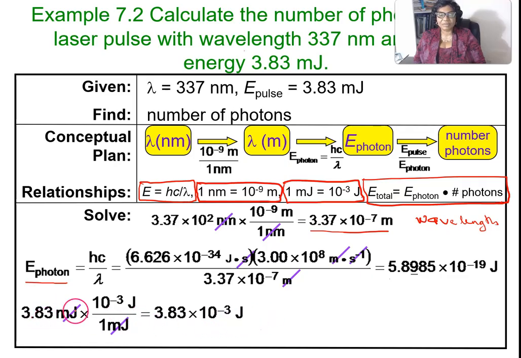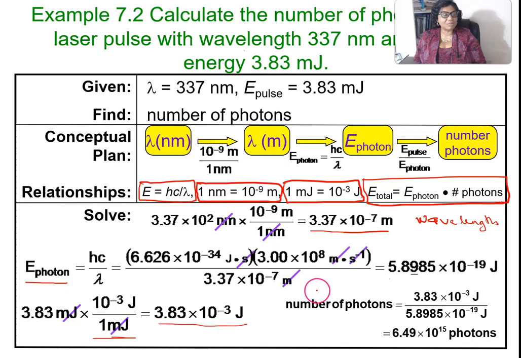So number of photons is, we are converting our energy first to joules. We have to convert the total energy to joules, because the energy we have for the photon is in joules. So we use this conversion factor, and we know that we have 3.83 times 10 to the minus 3 joules.